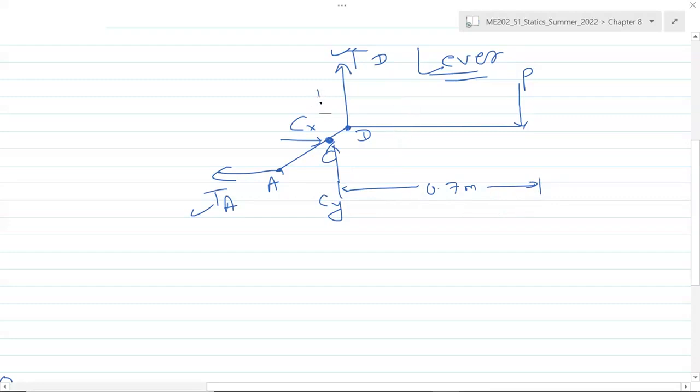From C to D, this is given in the problem as 0.025 meters. This is the distance between C and the line of action of D. And between C and A, this distance is 0.06 meter.